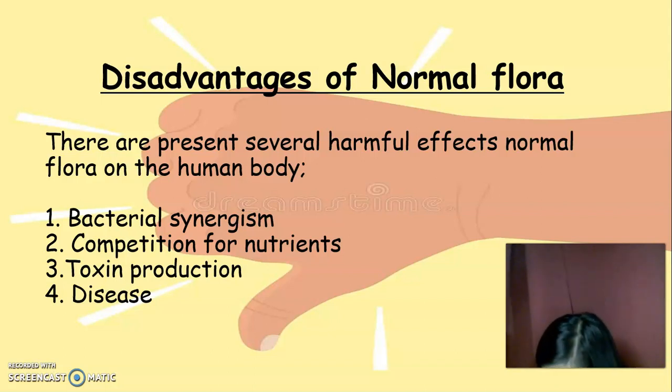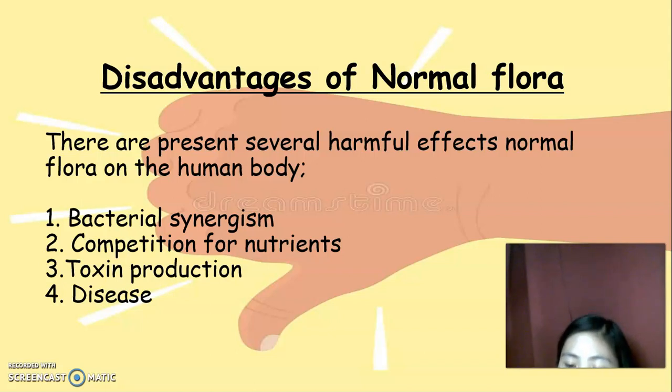Number four is disease. Sometimes normal flora can cause disease in the host body. If the normal defense system or immune system of the host is unable to restrict or tolerate the normal flora, then they can cause disease in the host body.